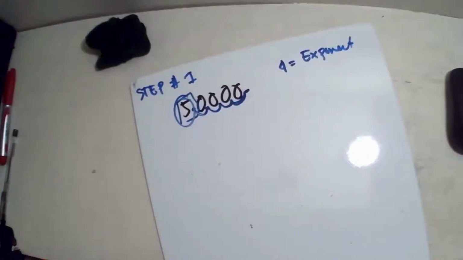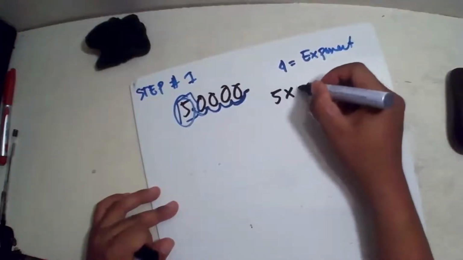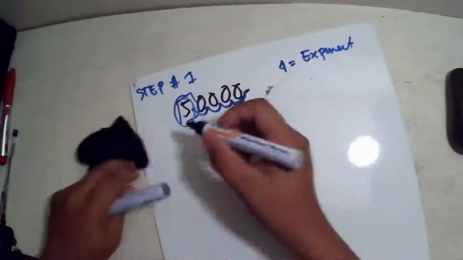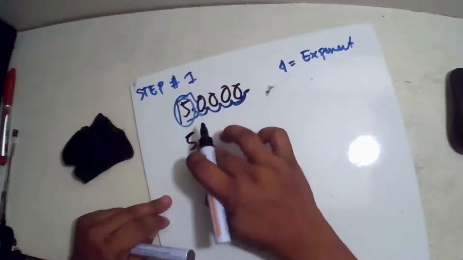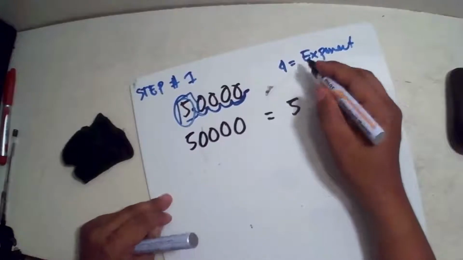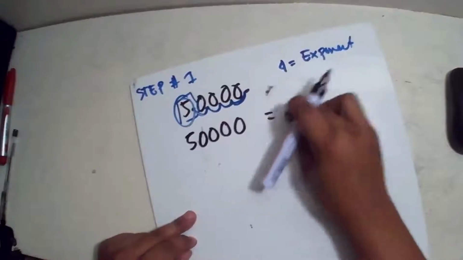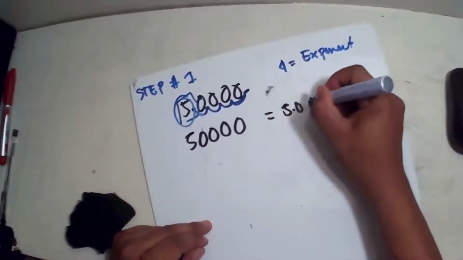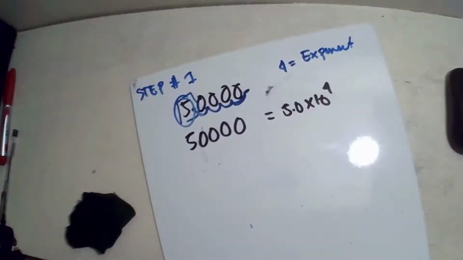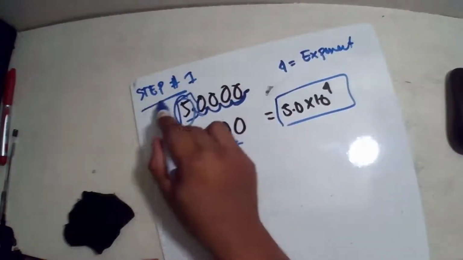So to write this one, I will rewrite this: 50000 is equal to 5 times 10, or I can express it like this, 5.0 times 10 raised to 4. So this is now the expression of this series of number according to step number 1.